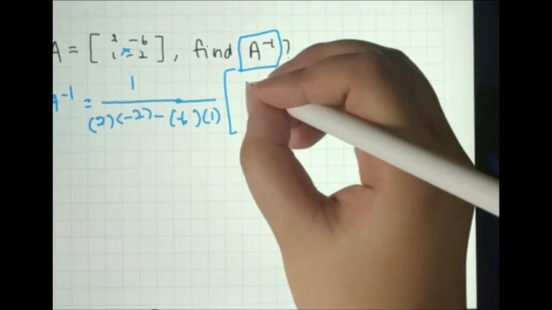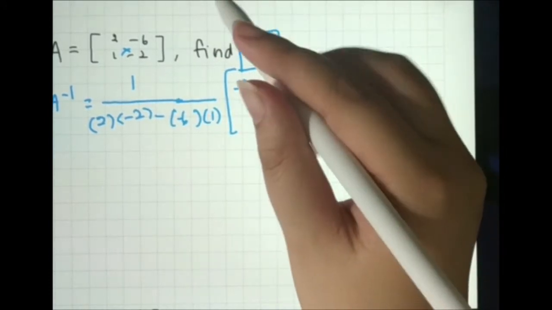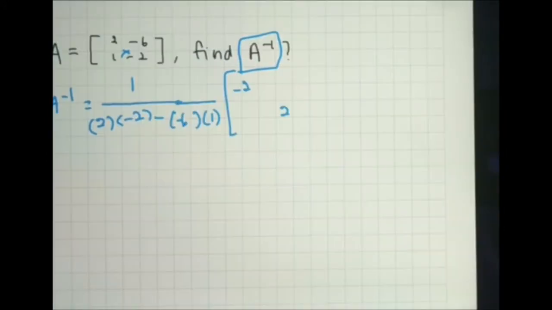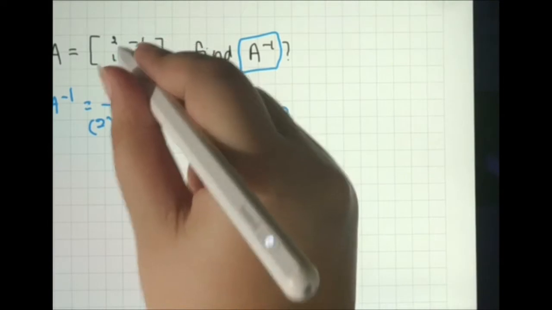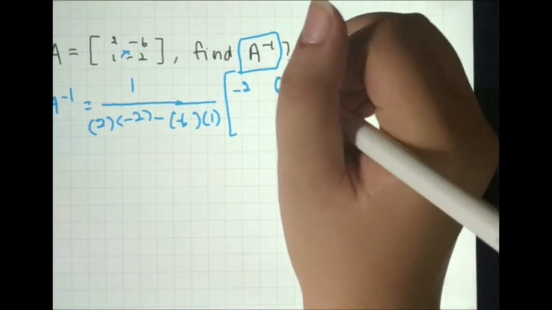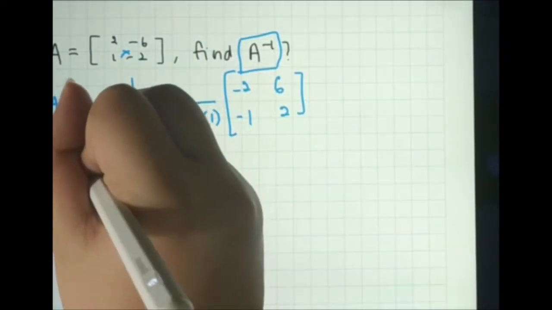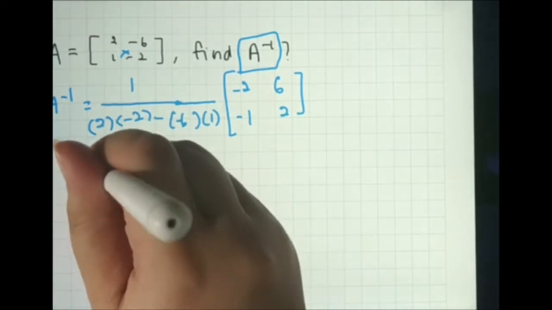Then times the matrix where 2 and negative 2 switch places. Okay, see here, if it already has a negative, then we get rid of the negative, so it just becomes 6. And for the 1, we add the negative. So that's our final answer.